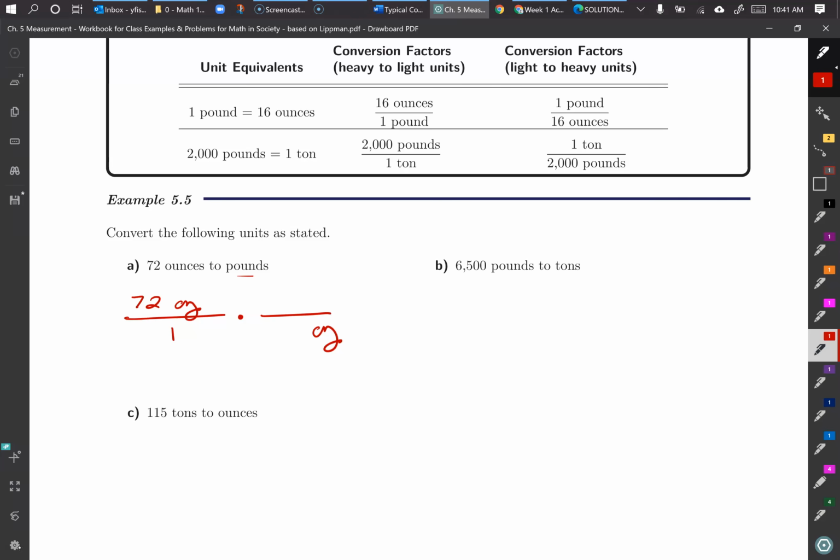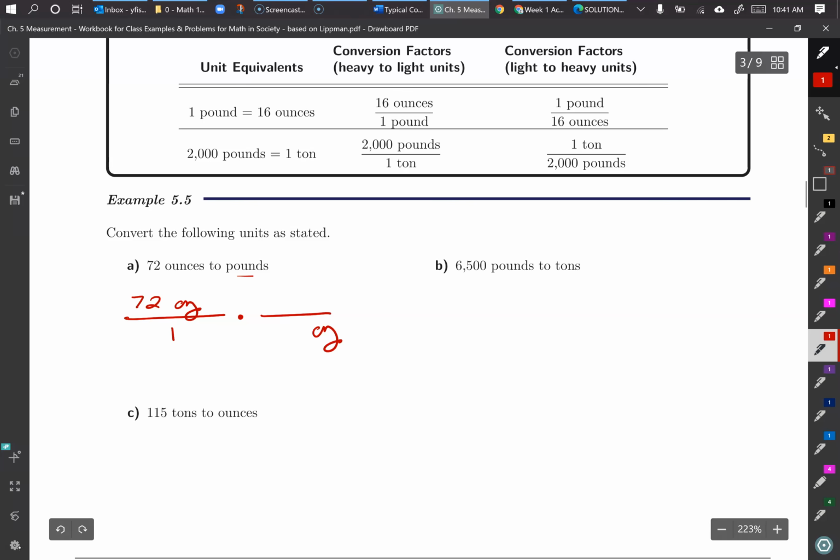Remember, this is the opposite method that you're going to use if you have done proportions before. It's different. For unit analysis, we want our units on the crisscross to get rid of them, whereas with proportions, we always want our units consistently in the same spot. So we want to be left with pounds, so that's going to go here.